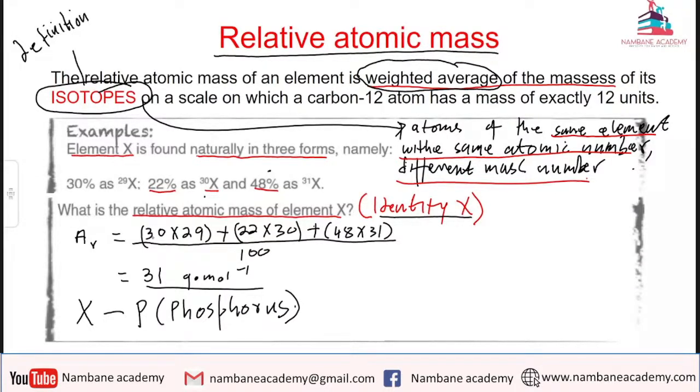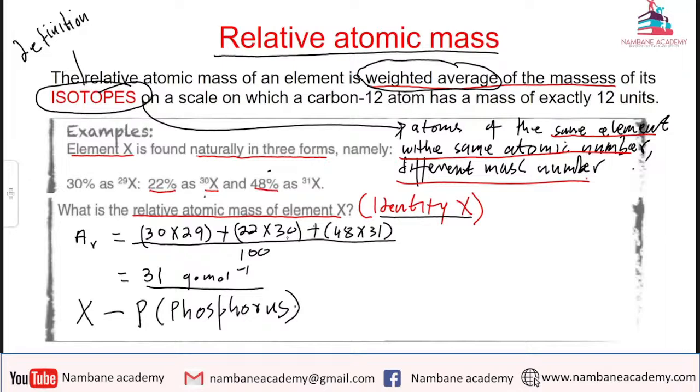So it is the percent multiplied by the atomic mass, plus the percentage multiplied by the atomic mass. The only key thing that one must look for is that your total percent must be equal to 100%. So already we are introducing basic calculations that are going to assist us in identifying elements in the periodic table.